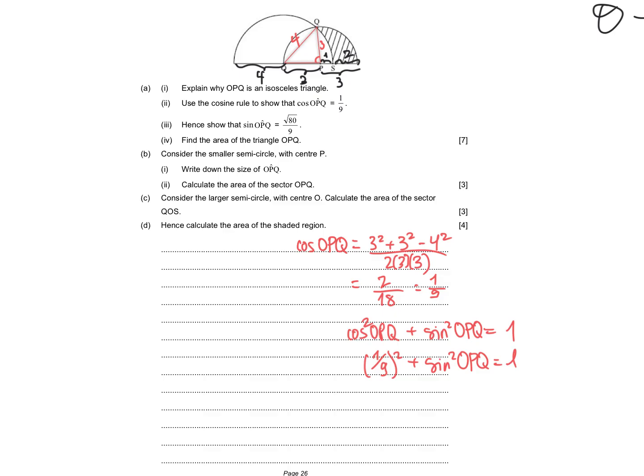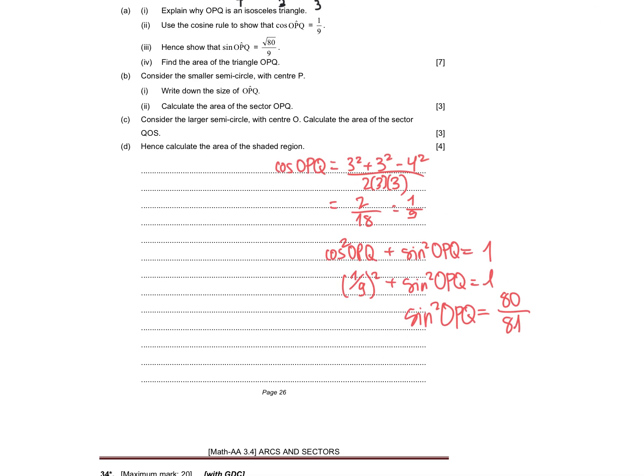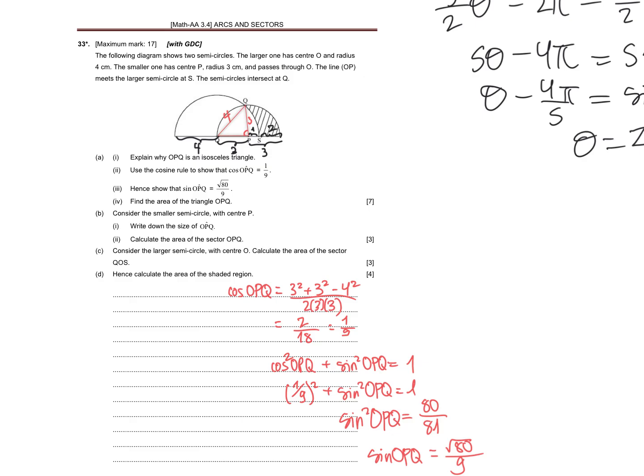So if we do 1 minus 1 over 9 squared, that's going to be 80 over 81. And then we take the square root, and square root of 80 over 9. Find the area of the triangle OPQ. So we're going to have 1/2 AB sine of that angle, which is this. So it's root 80 over 2.